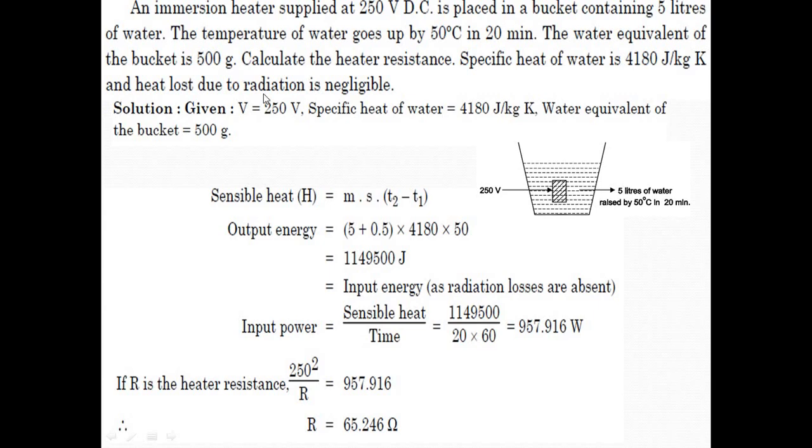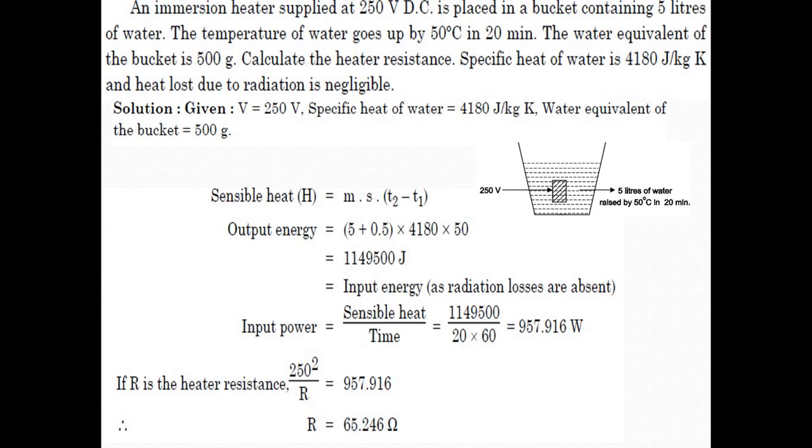Now this example is a bit different. Here the water equivalent of the bucket is given. When the water equivalent of the bucket is given, we have to add this to the weight of the water, because we are considering the heat wasted in heating the container.